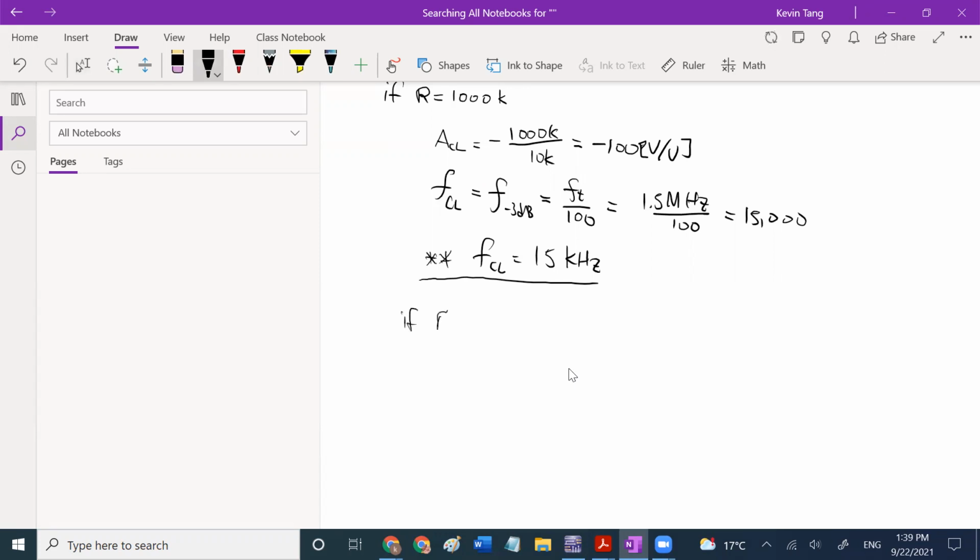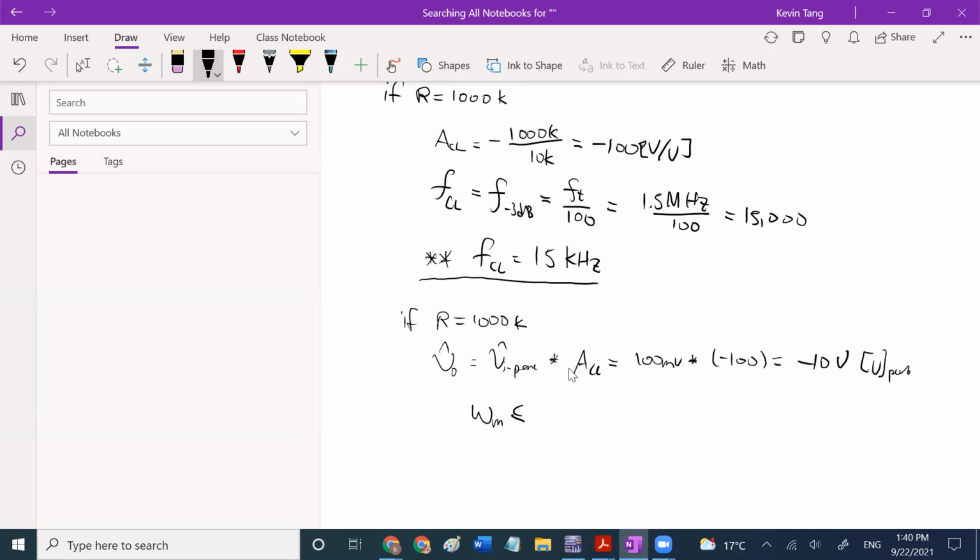If again R equals 1000 K, VO peak is equal to VI peak times ACL, which is times 100. So you have 100 millivolts times minus 100, which gives minus 10 V peak. But obviously the negative is not really important here.